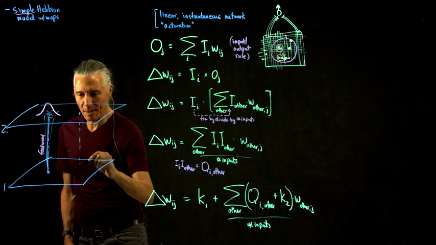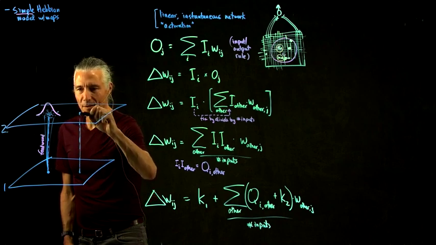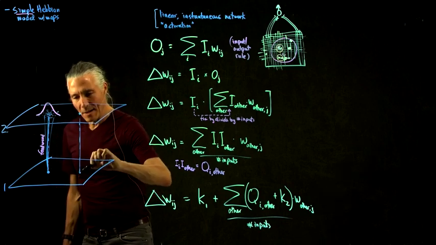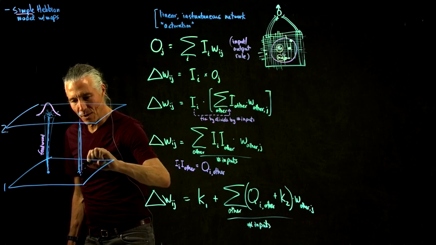If you went down to the equivalent part down here, there'll be a strong connection coming up to this unit. As you move off to the side, there's still a pretty strong connection, and as you get further off to the side, there's less of a chance you'll hook up.